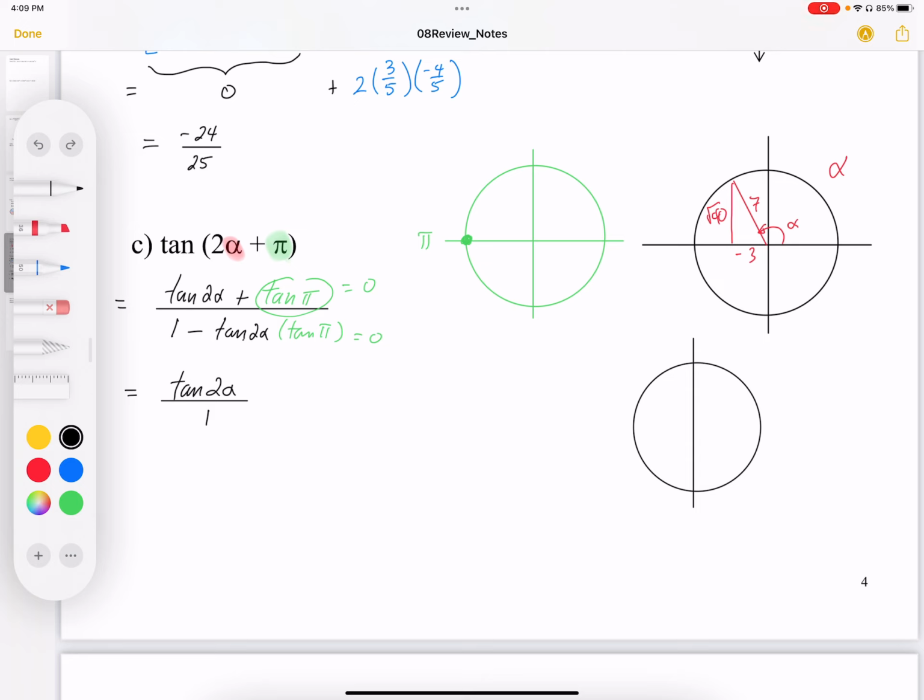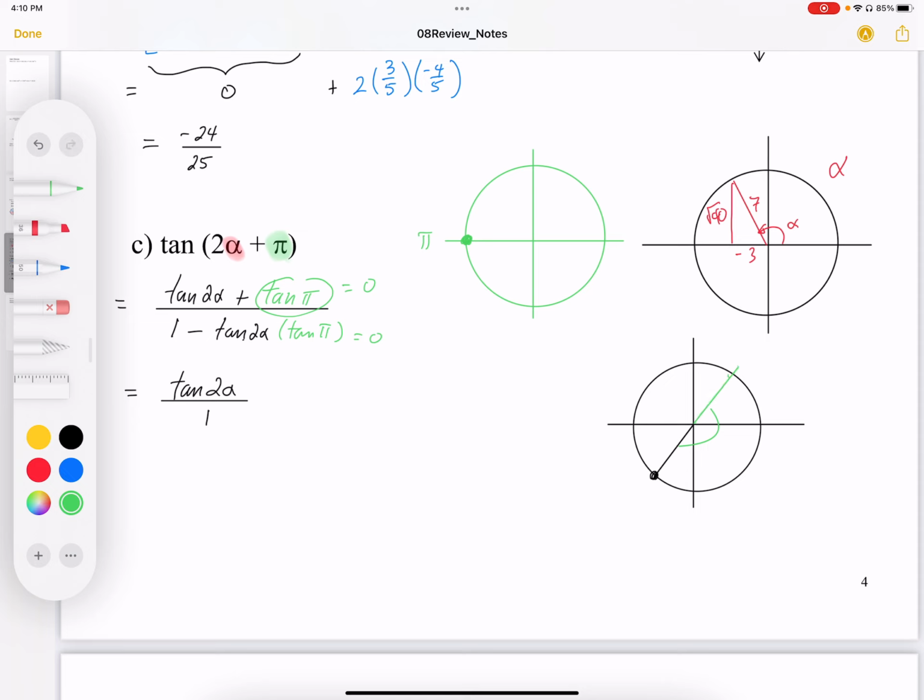if I put the 2 alpha angle anywhere in this circle, for example, I can put it here, there's my 2 alpha angle. If I add pi to it, I'm just going to end up on the other side of the circle with the exact same slope.